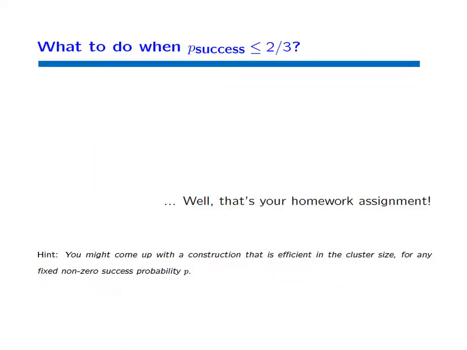A question that comes up immediately at this point, I suppose, is what shall we do when the success probability is smaller than 2/3? Well, that's your homework assignment. Let me just whet your appetite a little bit. You might come up with a construction that is efficient in the cluster size for any fixed non-zero success probability.